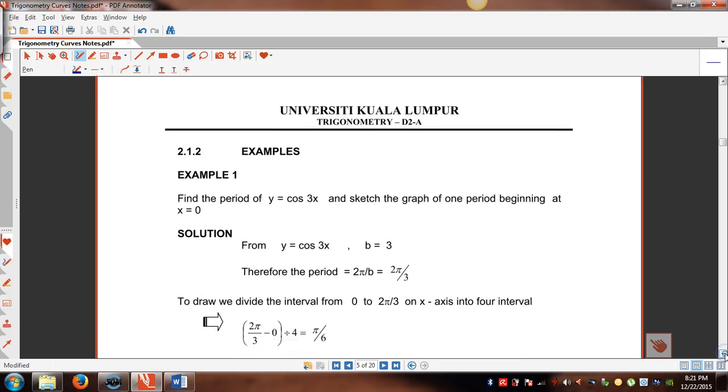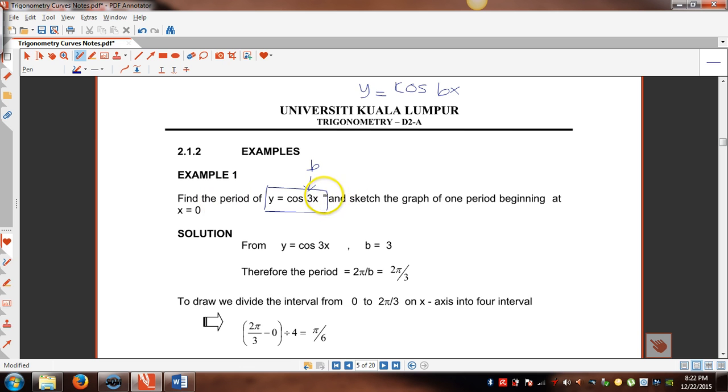Example 1: find the period of y equals cos 3x. From the formula y equals cos bx, we get b equal to 3.